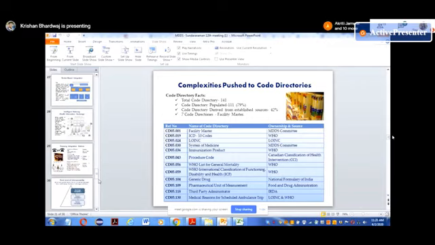So some of the code directories, as you can see on the screen, we identified the ownership and the sources also. But this needs to be changed a little bit now. For example, the LOINC code, there is an international organization which is publishing LOINC. But in India, NRCS is responsible for publishing all the terminologies.